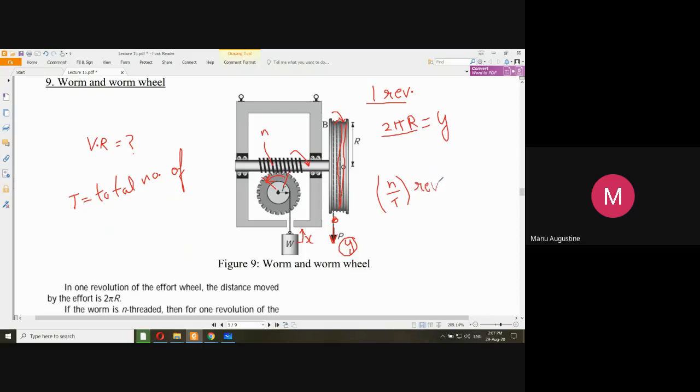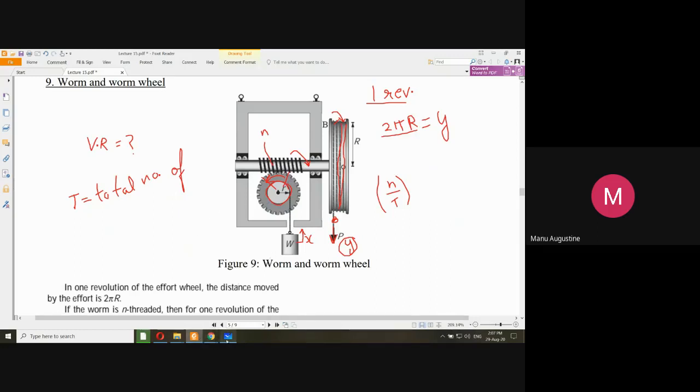So I will say that when the worm moves by one revolution, the worm wheel moves by n by t revolution. And if the worm wheel is moving by n by t revolution, what do you think will be the revolution of this disc which is attached to the worm? Since it is rigidly attached to the worm, it is something like this.